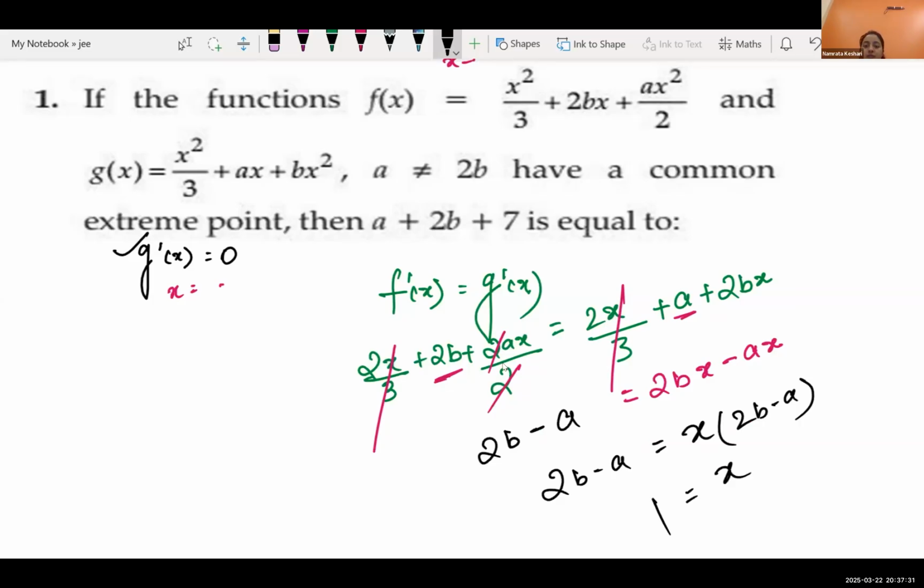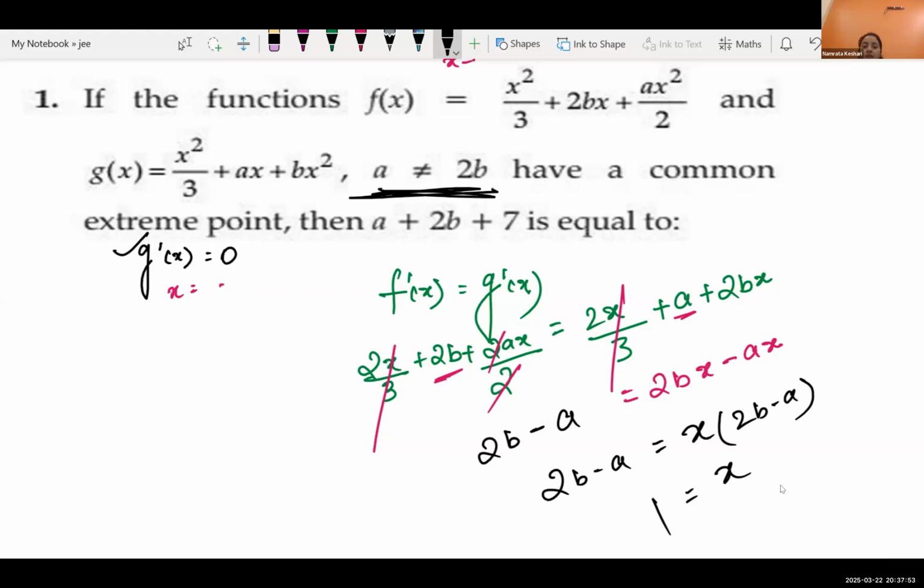Here also it is written that a is not 2b. It makes sense. If a and 2b were the same, then it would be 0, so it is not 0. A and 2b are not same, it is another number, and we can cancel them. We are getting x as a 1, getting it?